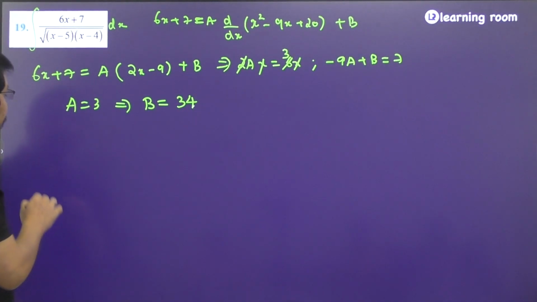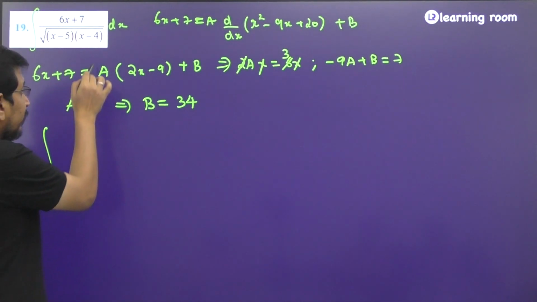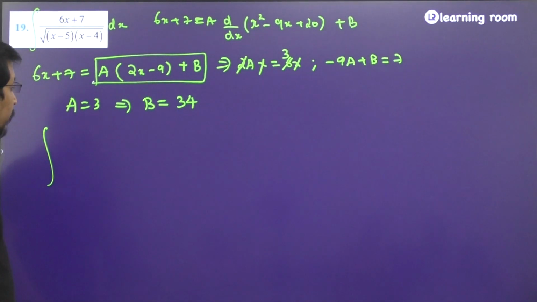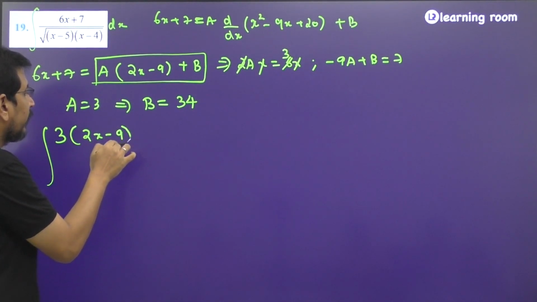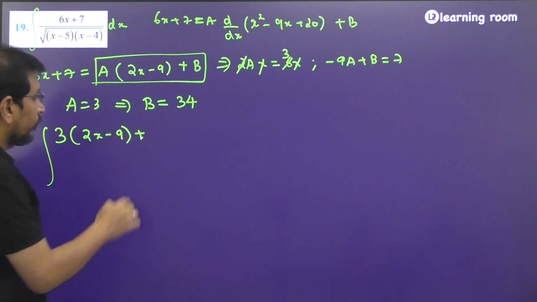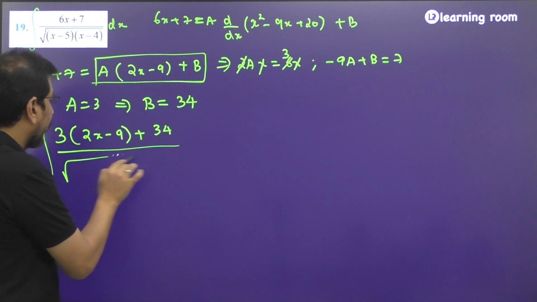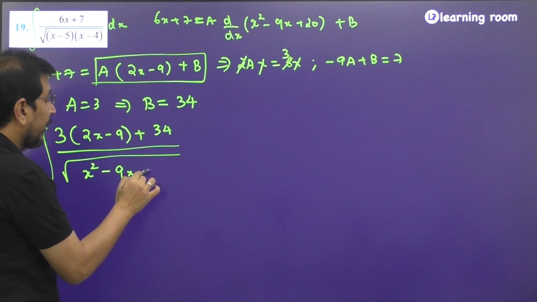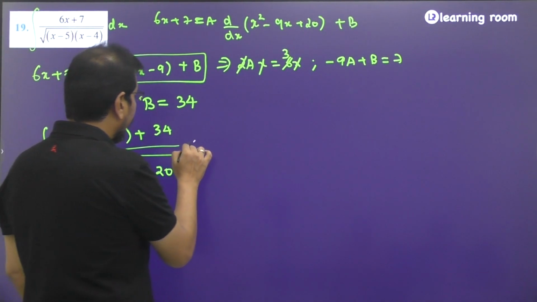Right. So the integral of 6x plus 7 can be written as this. A is how much? 3. So 3 into (2x minus 9) plus B, which is going to be 34, the whole divided by the square root of x square minus 9x plus 20 times dx.